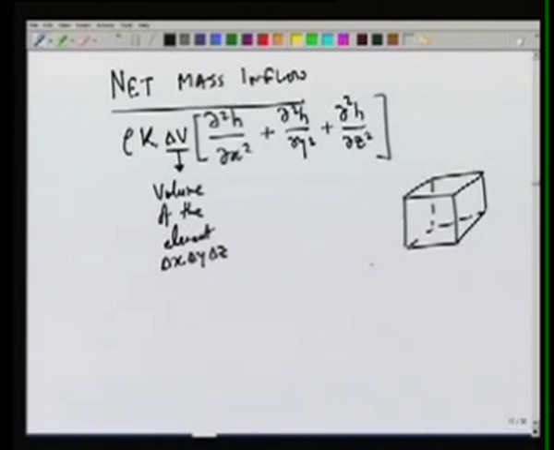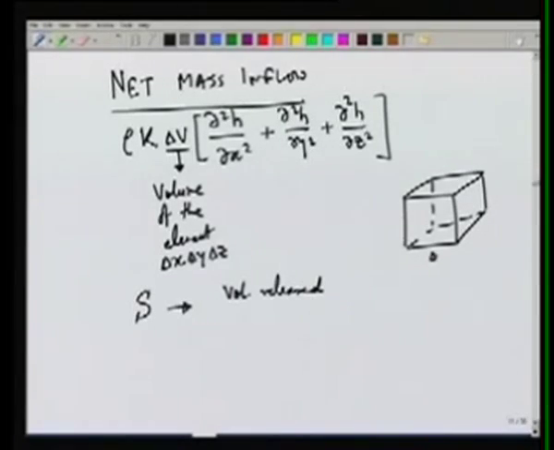Now, if we use the storage coefficient S, we have seen that S represents the volume released per unit cross-section area using a prism. But if we want to use elements with volume delta x, delta y and delta z, we would need to use a specific storage rather than a storage coefficient.